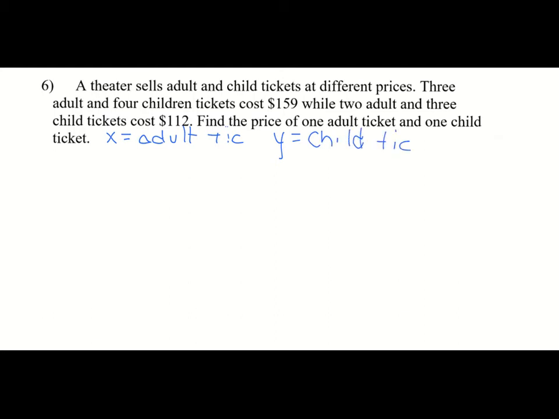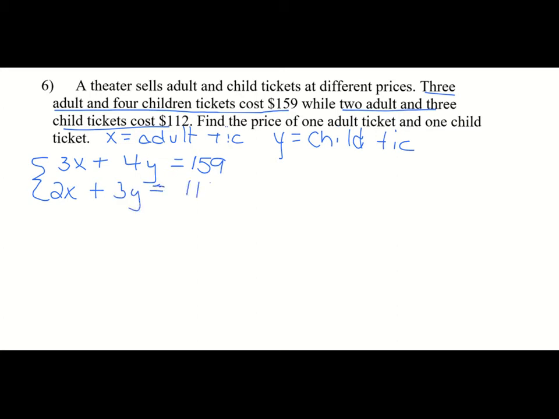So for our first equation, it's 3 adult and 4 children's tickets cost $159. So we're going to do 3x plus 4y equals 159. And then the other one is 2 adult and 3 child tickets cost $112. So 2x plus 3y equals 112.